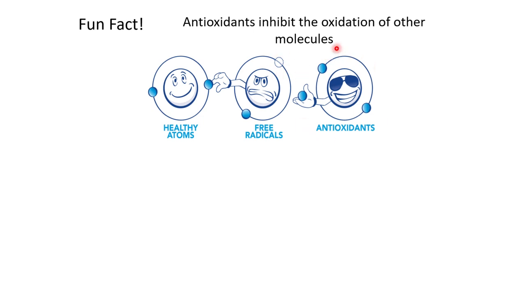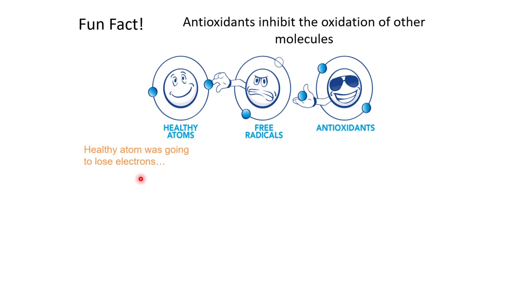Antioxidants have a very low ionization energy. They are able to give up an electron. The free radical accepts the electron from the antioxidant, and the other atoms are left alone, limiting the damage. So this happens in your cells all the time.